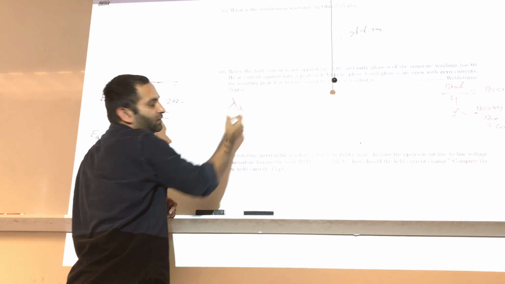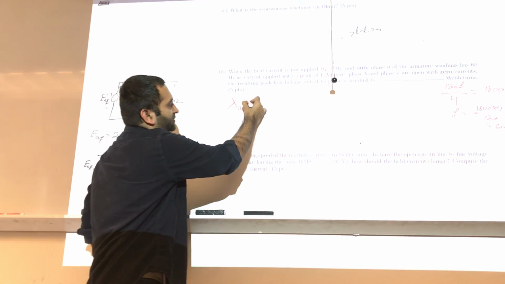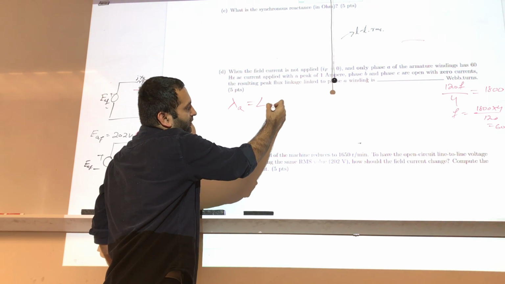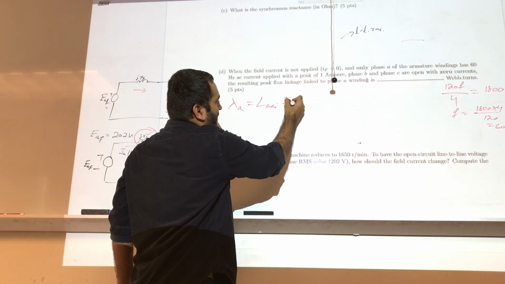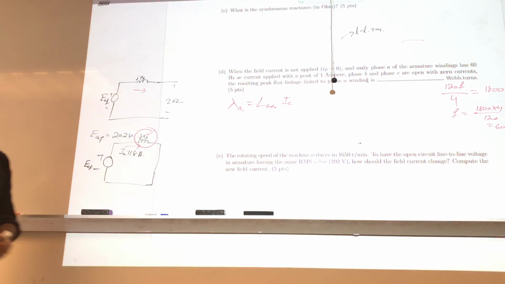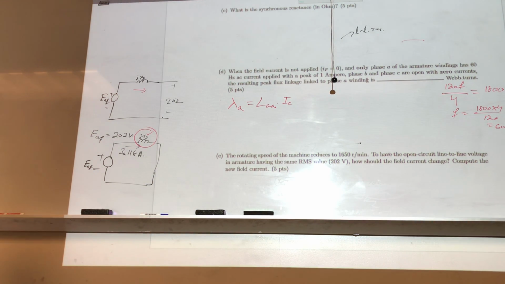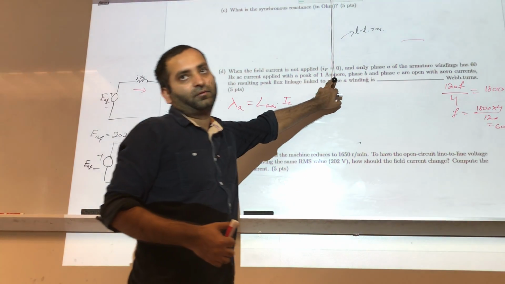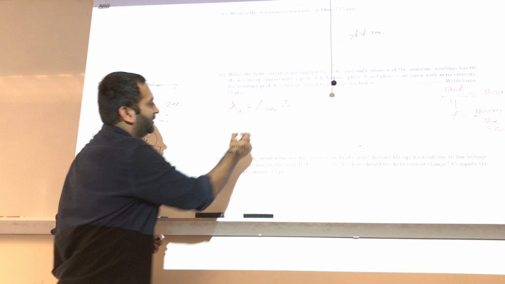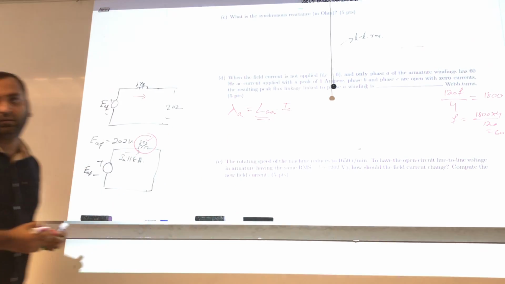If I want to find lambda for A, it's just equal to the inductance of A times the current IA. No, IA is not 0. IA is given, 1 ampere. So you just have to find LAA, then you can find it.